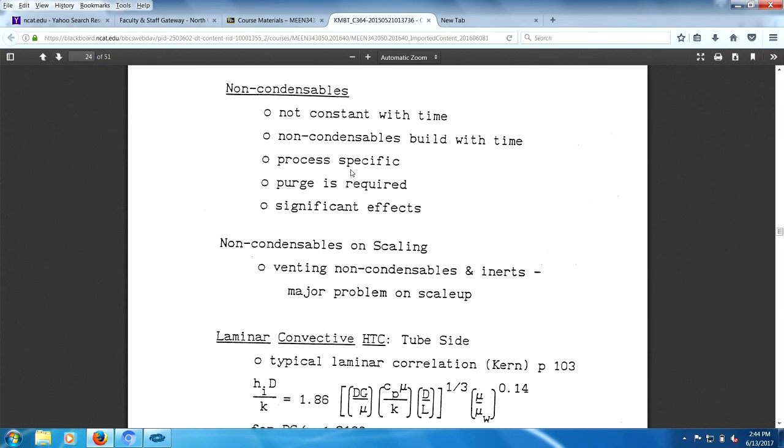It usually results in poor performance. So you need to vent non-condensables and inerts.